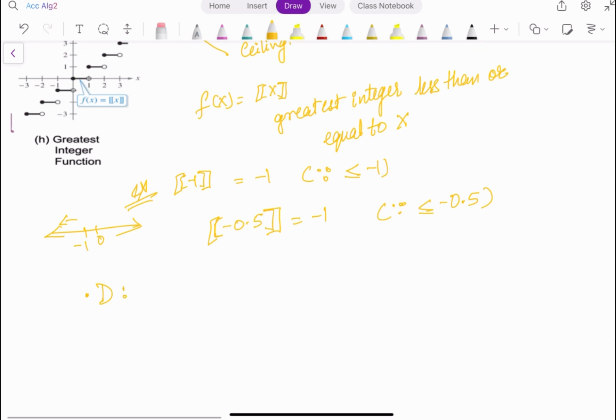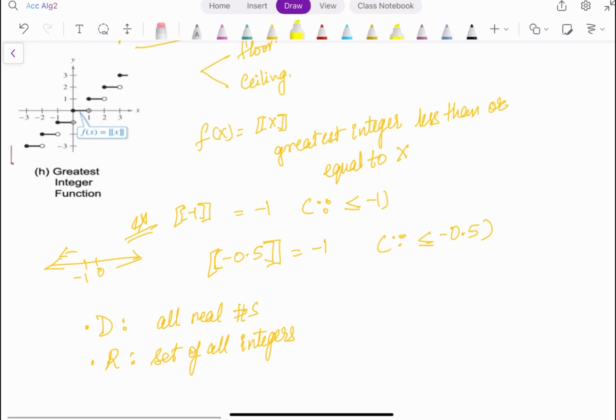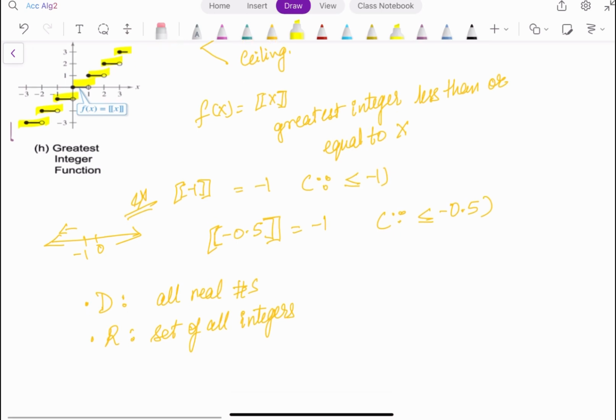They are simple, but be careful about the integers, and have a good understanding of what integers are. We discussed this in the initial videos. So the domain is all real numbers, and the range is the set of all integers. Only integers. We are not talking about all real numbers, because real numbers include fractions and everything. We are just focused on the integers.